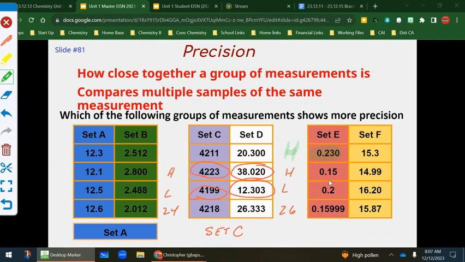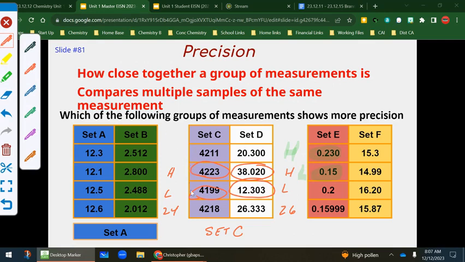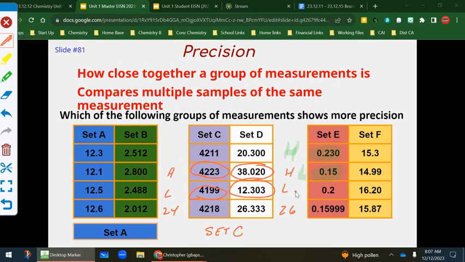0.230, that's the highest. What's the lowest? 0.15, that's the lowest. That makes a difference of about point what? 0.08. Okay. In the next set, in set F, which one is the highest? 16.2.